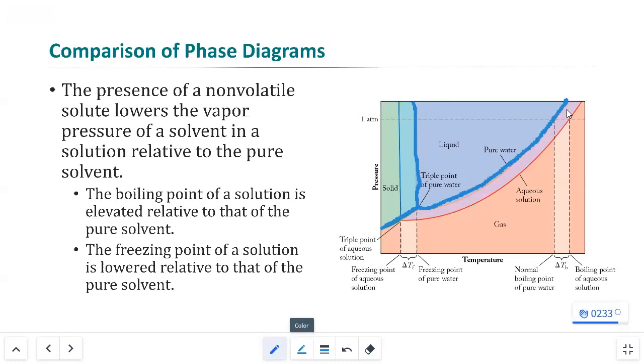And what we can see is that by changing from just pure water to a solution, that liquid to solid line moved backwards.